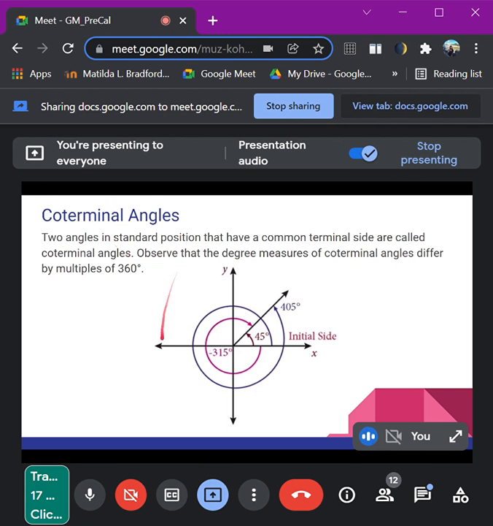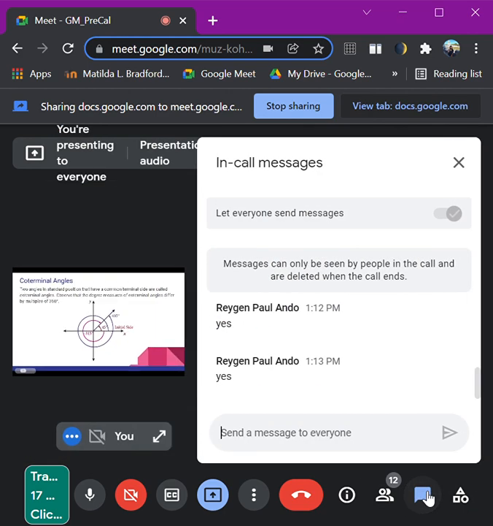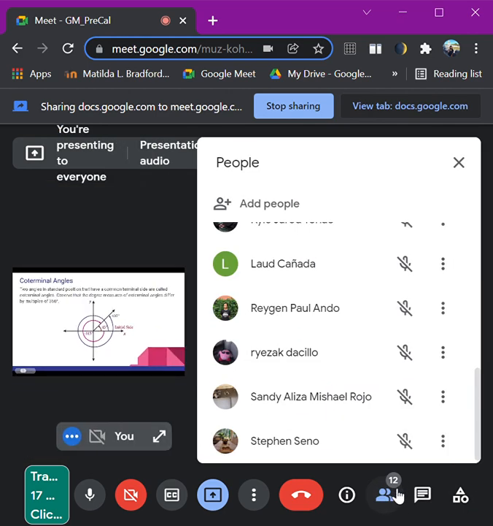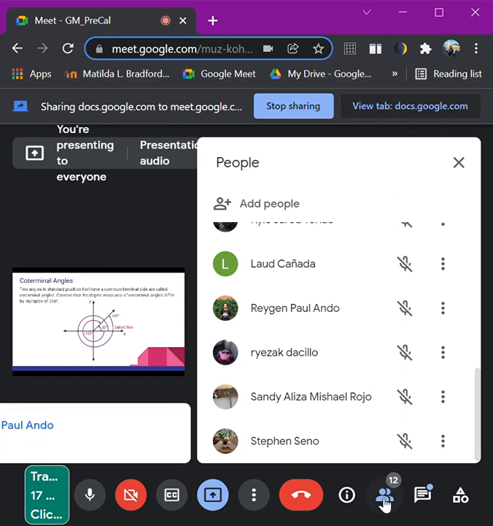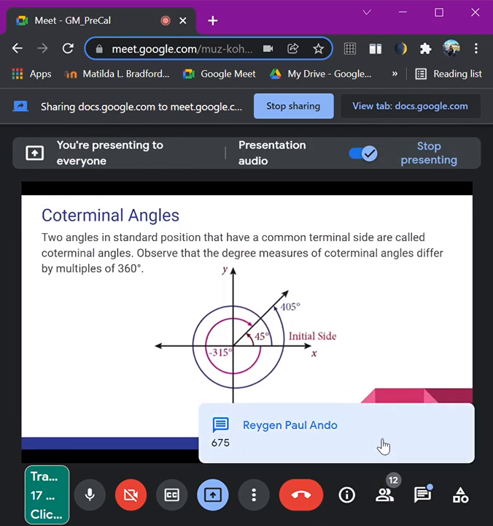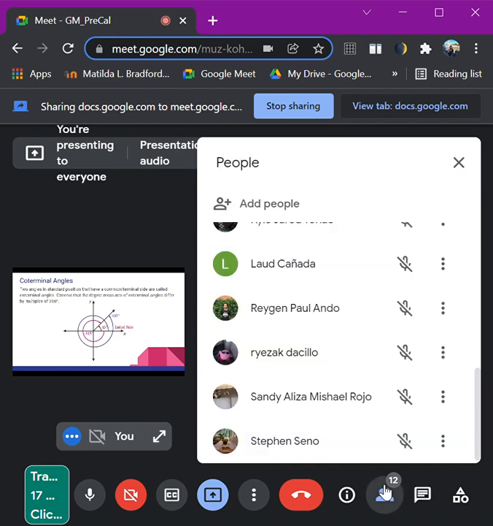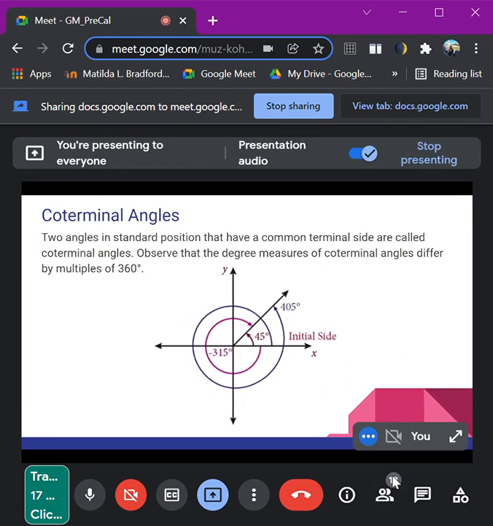You can use your calculators. Okay, we have 360 plus negative 315.